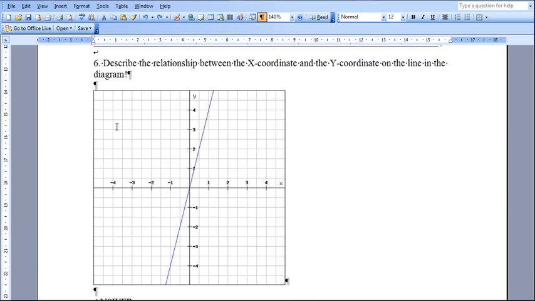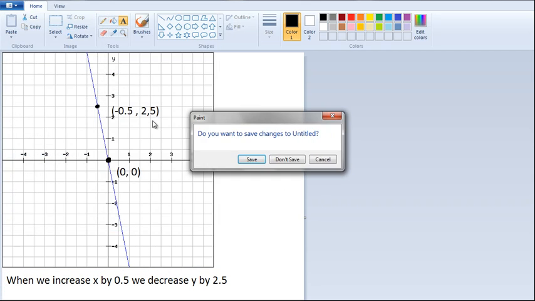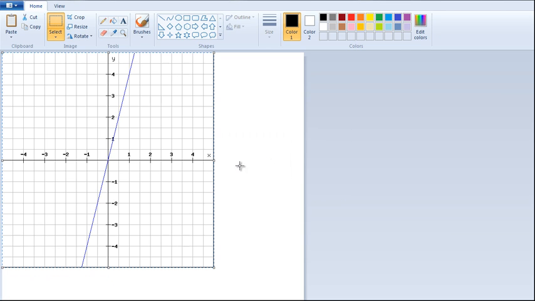How about this one? Describe the relationship between the x-coordinate and the y-coordinate on the line in the diagram. So let's copy this one and paste it here. So which point should we choose? Let's not choose this one again just because it's so easy.